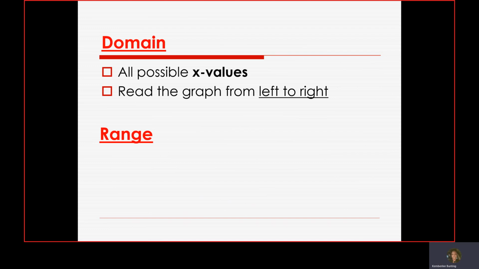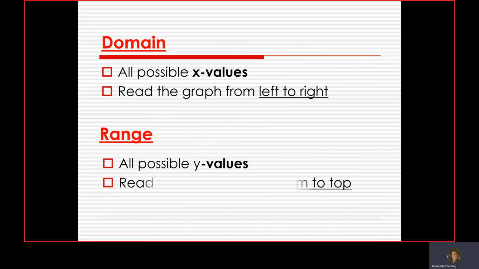If the domain is all possible x values, then naturally the range is going to be all possible y values. The way that you determine the range of the graph of a function is by reading it from the bottom, the smallest y value, to the top, the biggest y value.